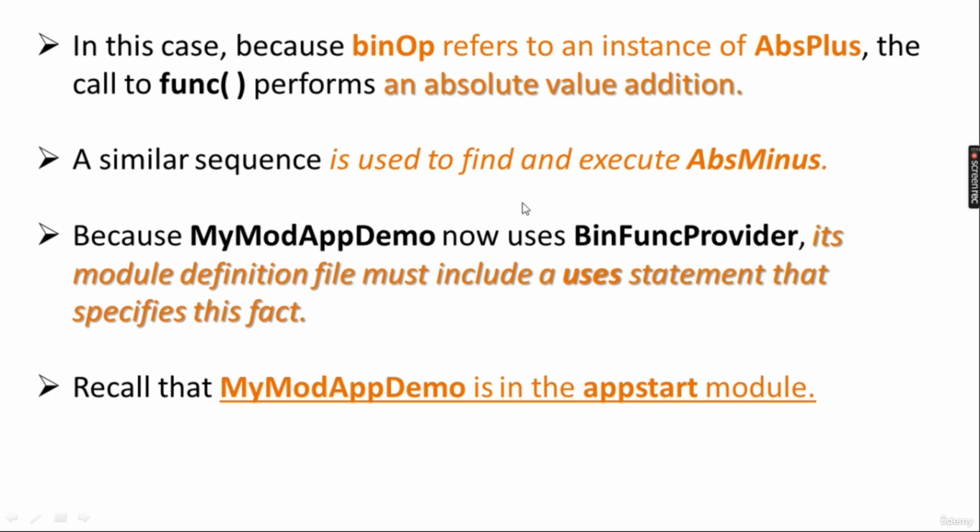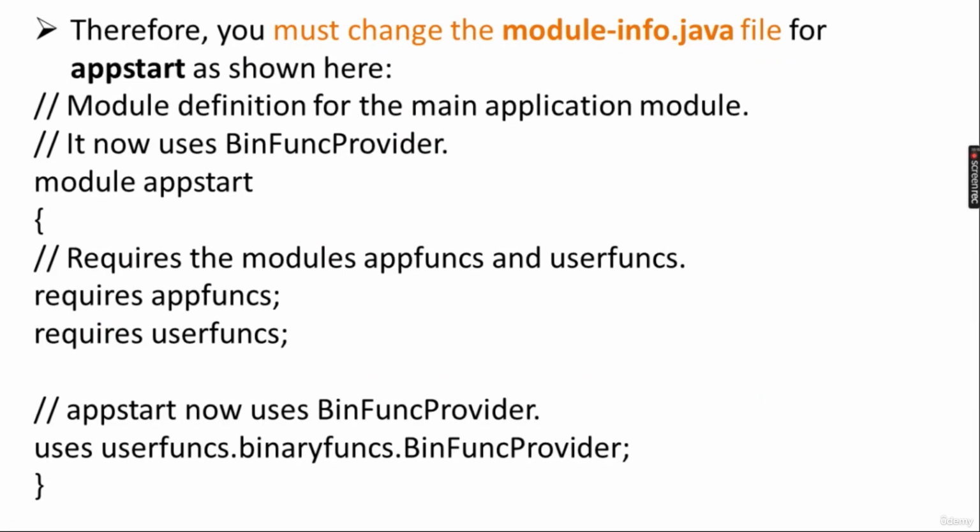Because my mod app demo now uses binary function provider, its module definition file must include a uses statement that specifies this fact. So this is an abstract module and it should give you the uses. It is using the binary function provider service provider. You must change it like this.